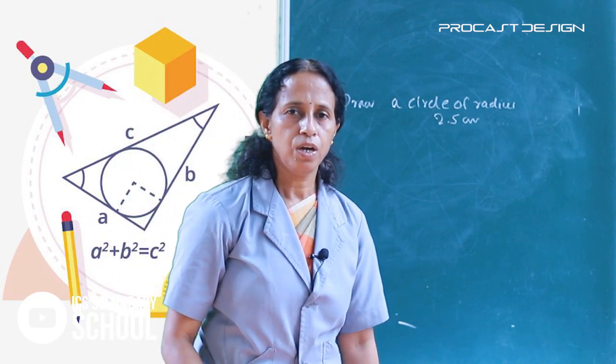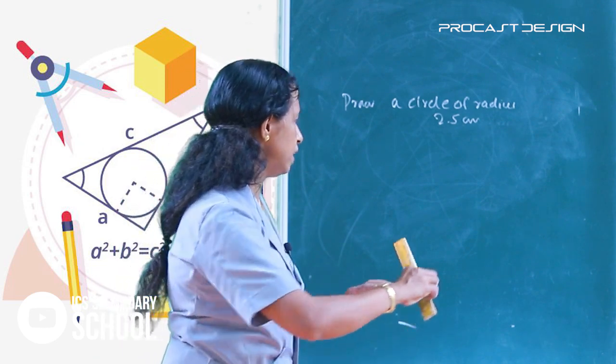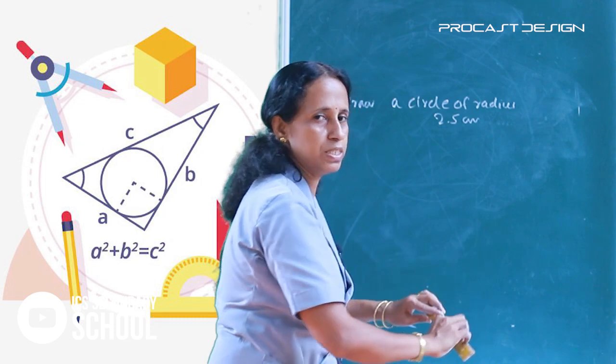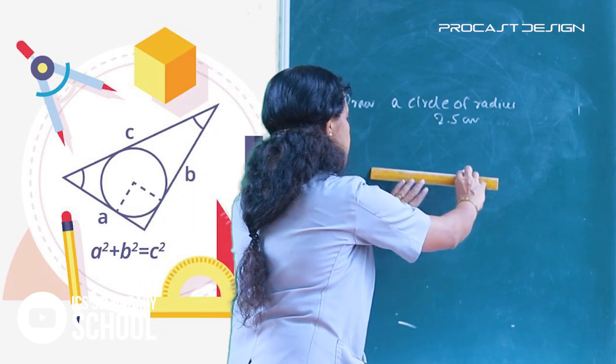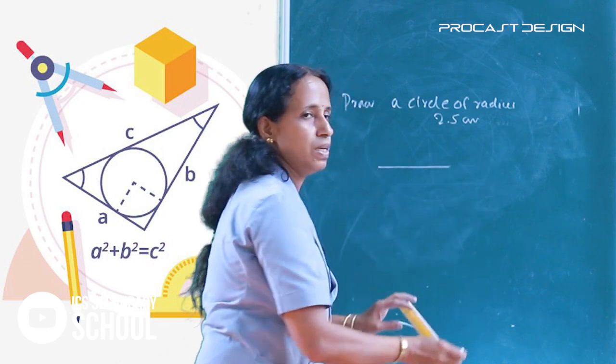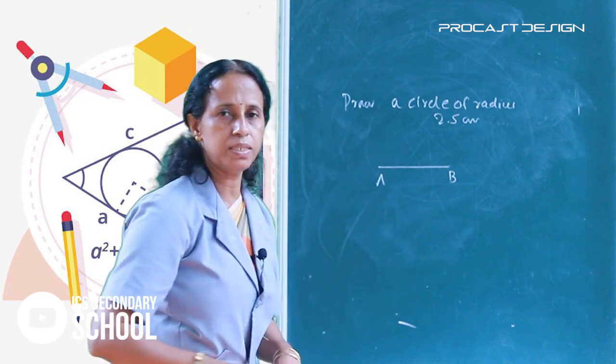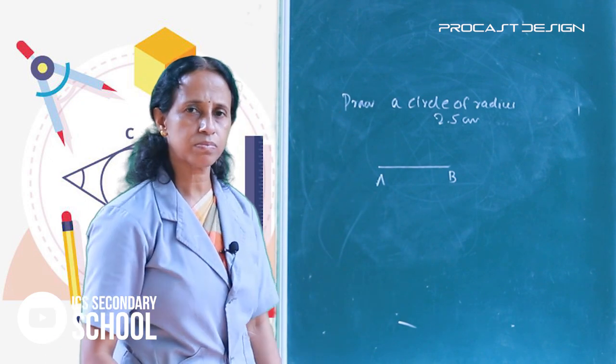First, draw a line of length 2.5 centimeter. Measure 2.5 centimeter and draw the line. Mark its ends as A and B.